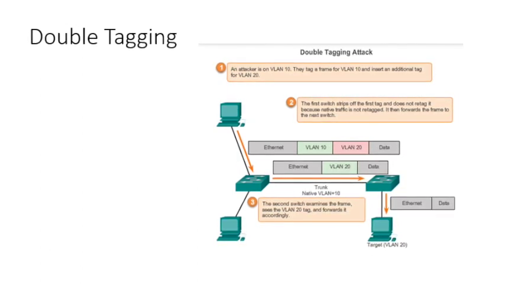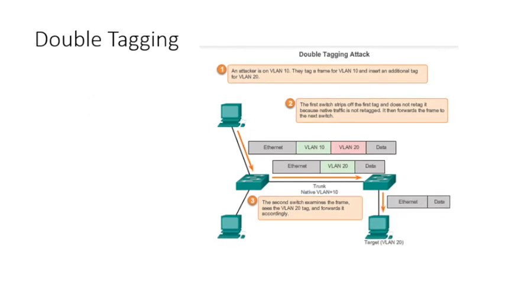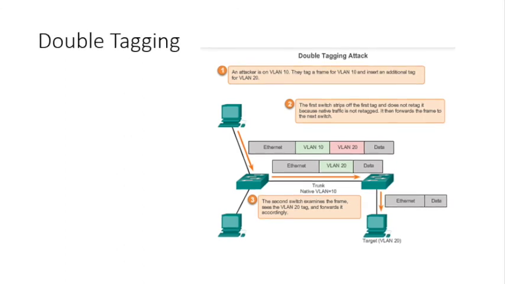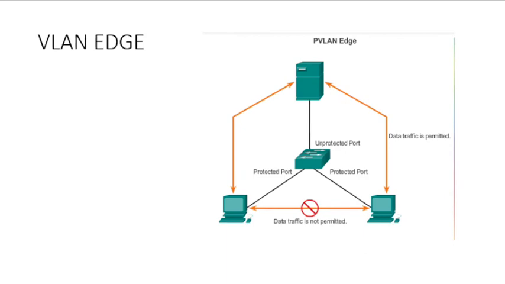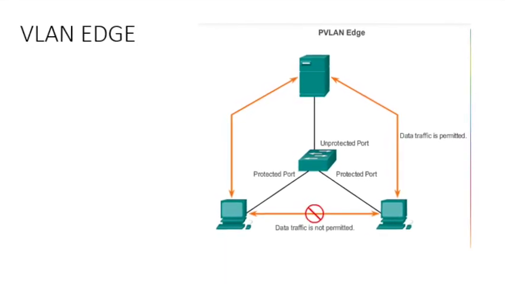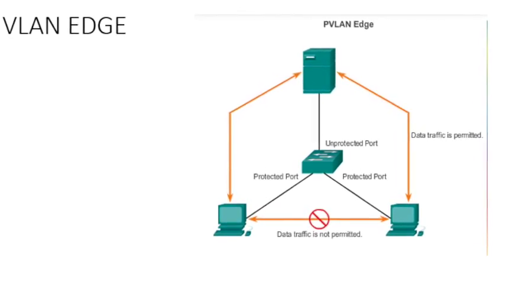An important characteristic of the double-encapsulated VLAN hopping attack is that it works even if trunk ports are disabled, because a host typically sends a frame that is not a trunk. Some applications require that no traffic be forwarded at layer 2 between ports on the same switch, so that the neighbors do not see the traffic generated by another neighbor.